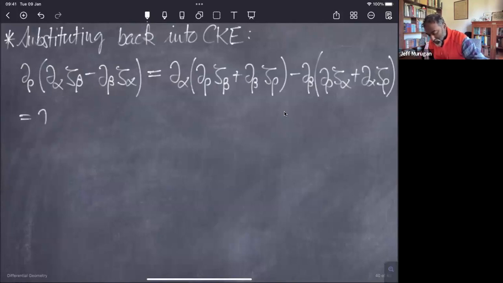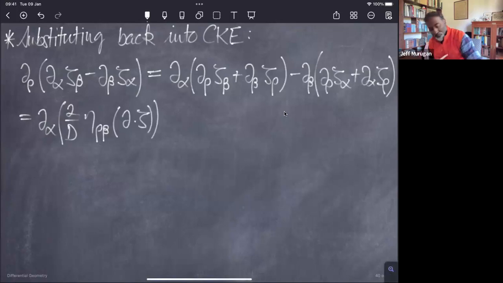And that's equal to d alpha of 2 over d eta rho beta times d dot zeta.